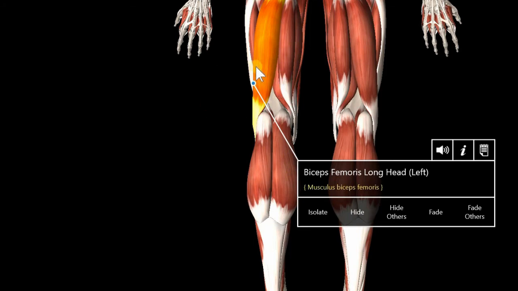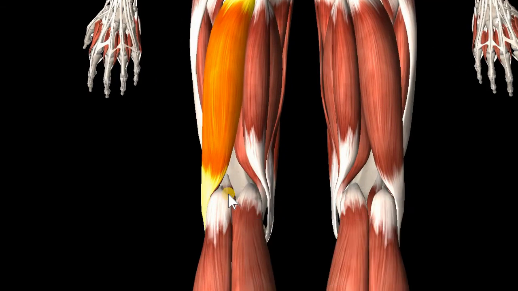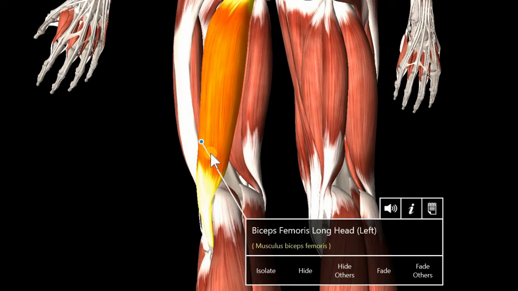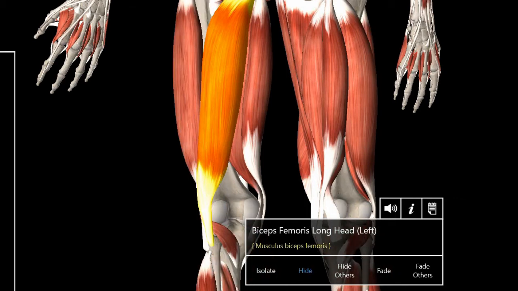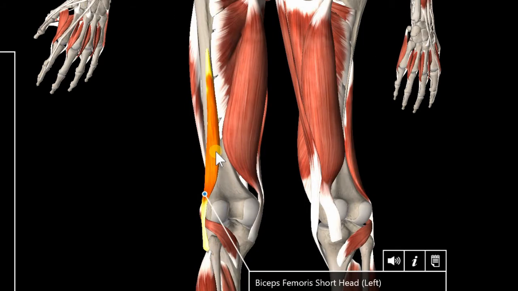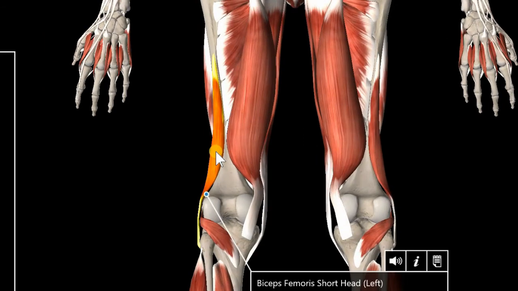But once you get all that figured out, the stress and biomechanical load to the hamstrings is much less and you reduce injuries. Okay, the next muscle, which is underneath the biceps femoris long head, is going to be the biceps femoris short head.